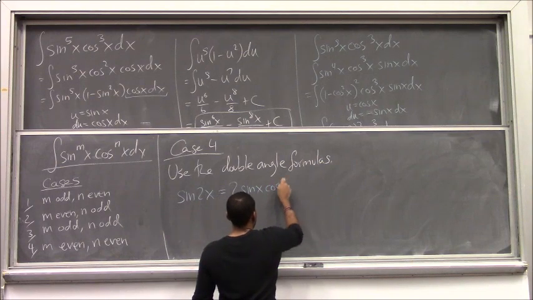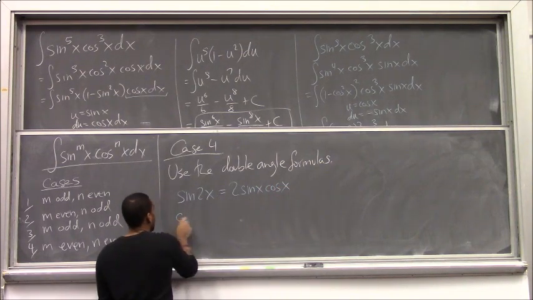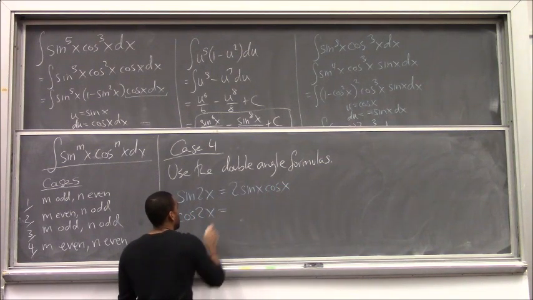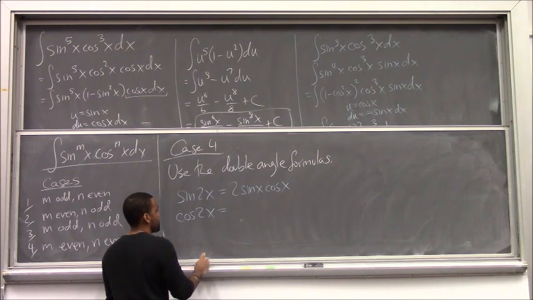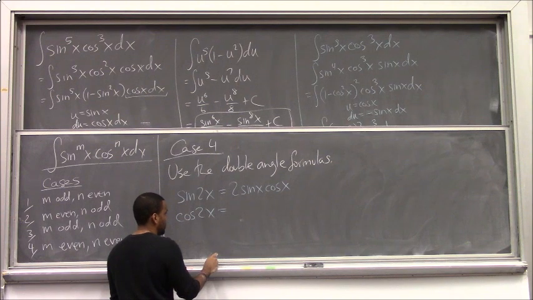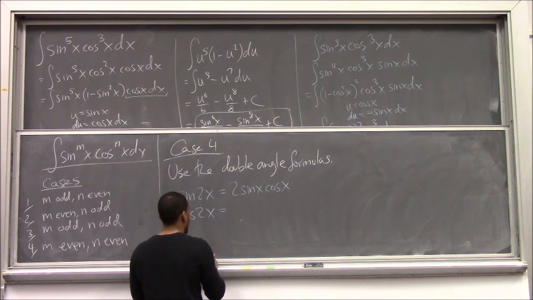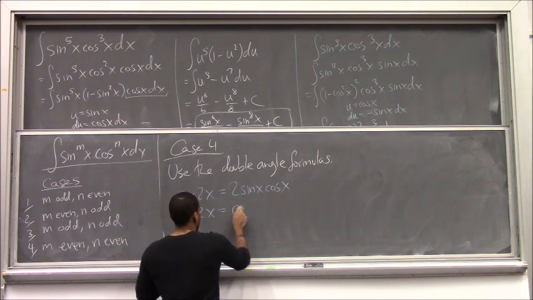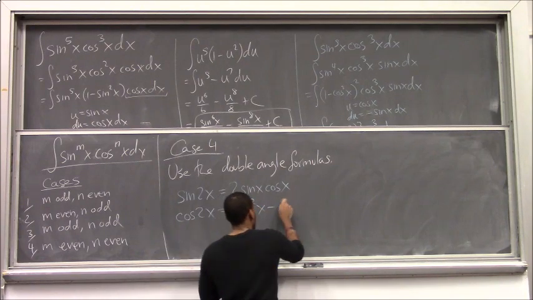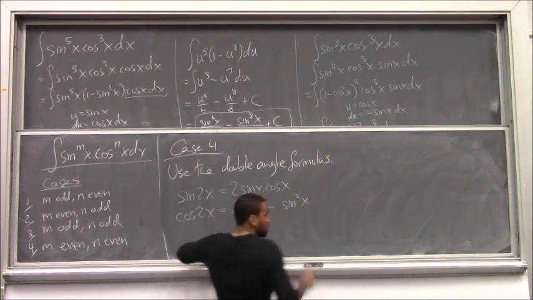So you should know that that's it. What is cosine of 2x? No. You guys are taking too long. You need to remember this is cosine squared minus sine squared.